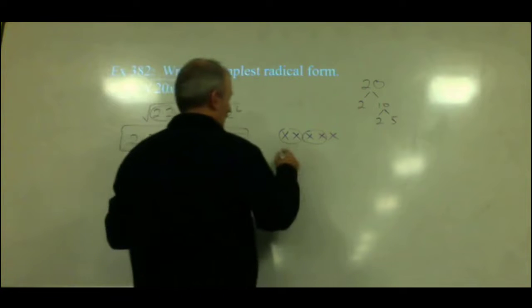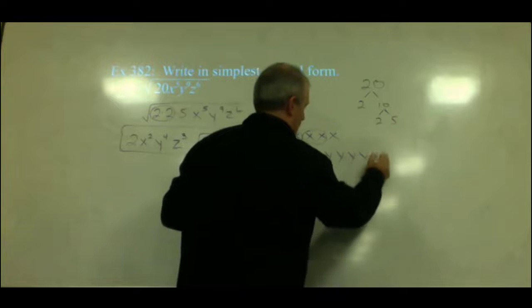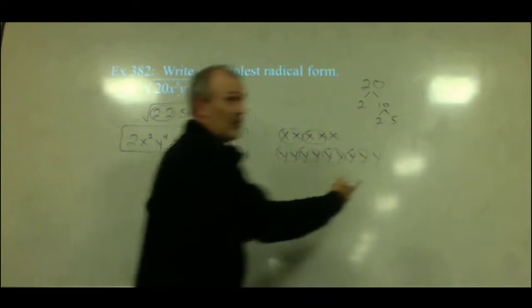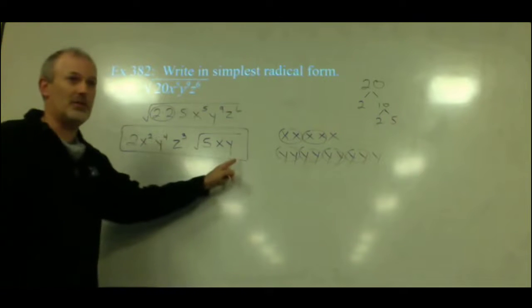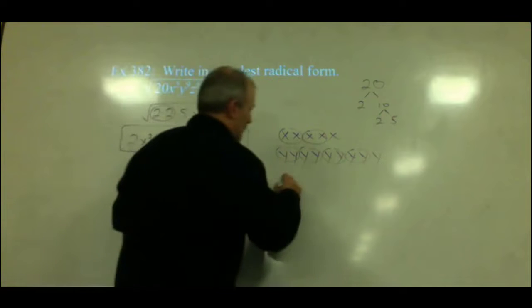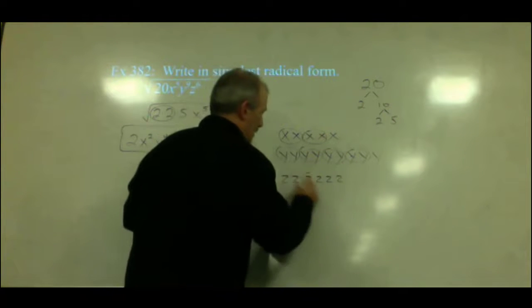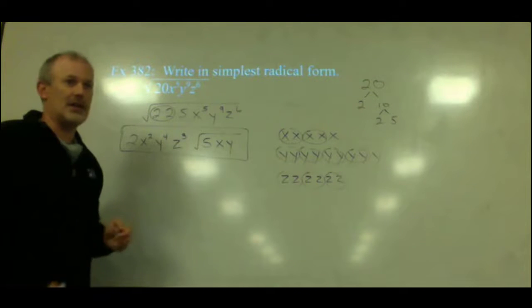So if we think about 9 y's, 4 groups of 2 with 1 left over. And then the z's, there's 6 of them. So you've got 3 groups and there's none left over inside.